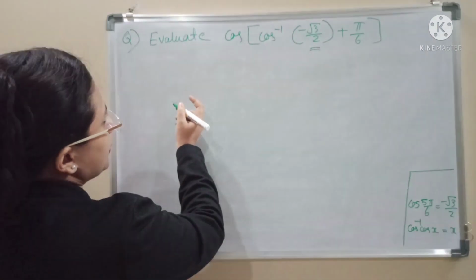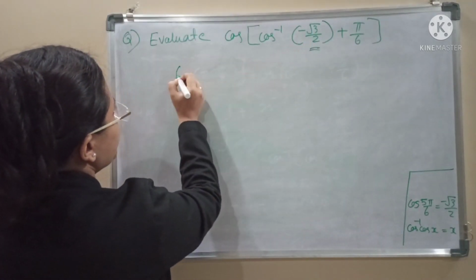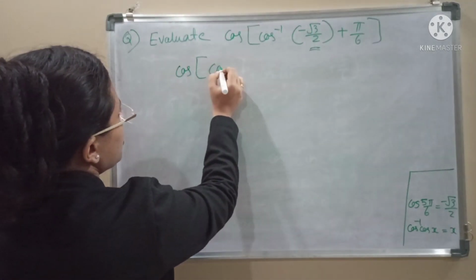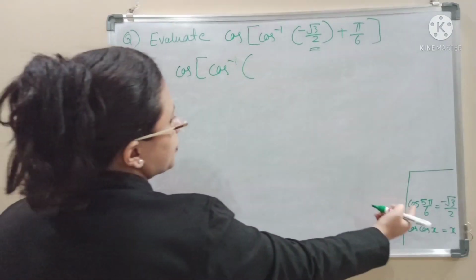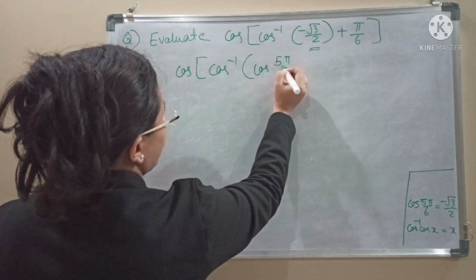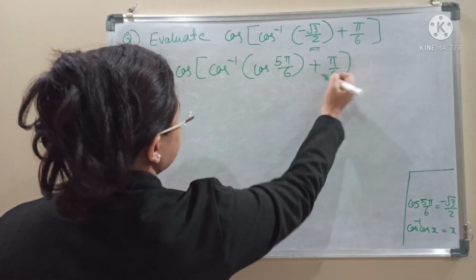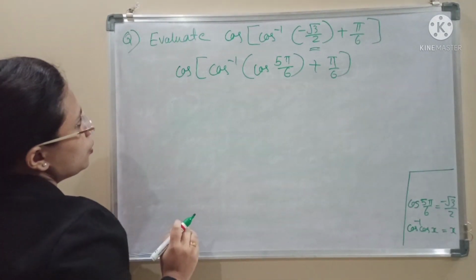And so we can just substitute instead of this value: cos inverse of cos 5 pi by 6, plus pi by 6. Now just see here.